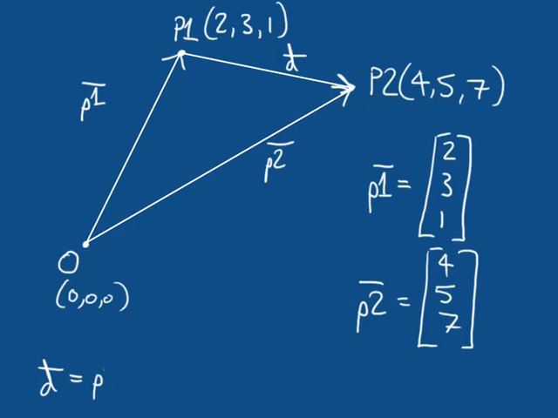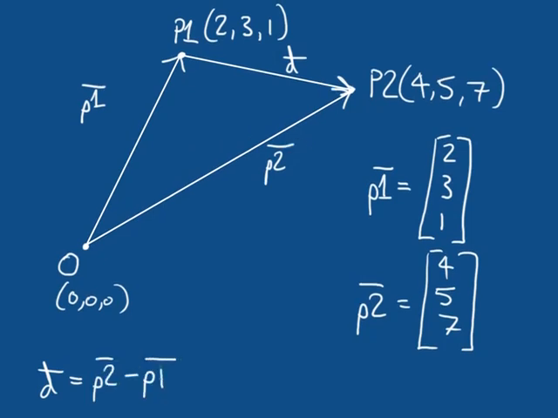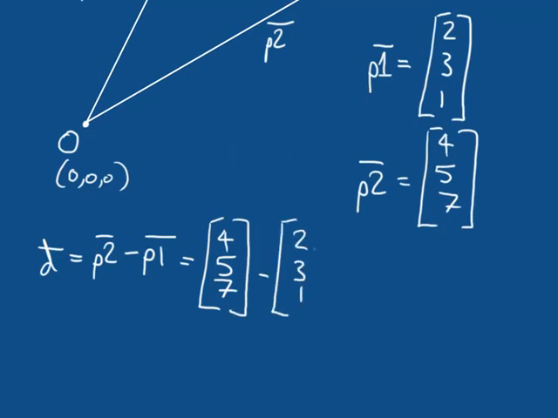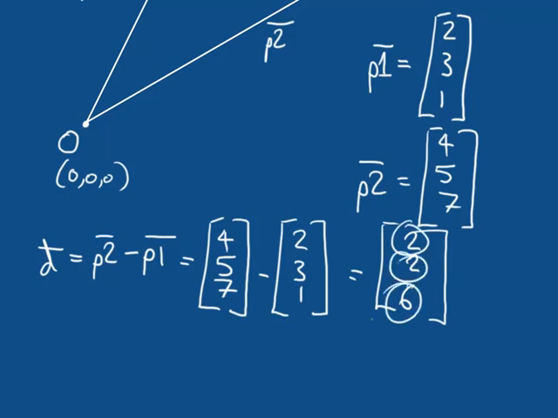So that's the same as saying p2 minus p1, which is equal to 4, 5, 7 minus 2, 3, 1, which is equal to 4 minus 2 is 2, 5 minus 3 is 2, and 7 minus 1 is 6. So our vector D has the components 2, 2, and 6.